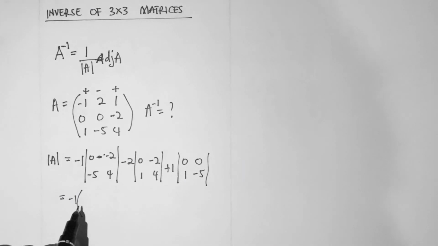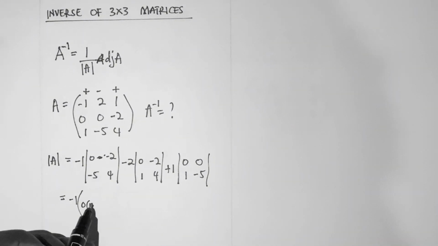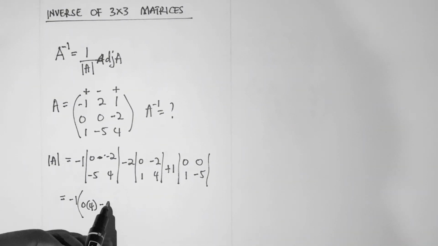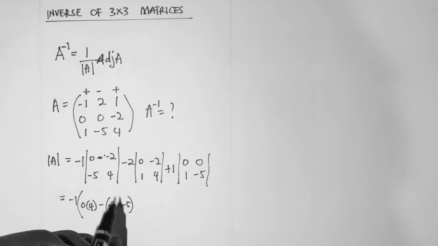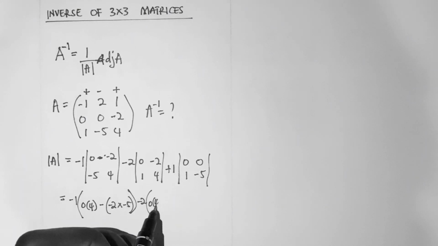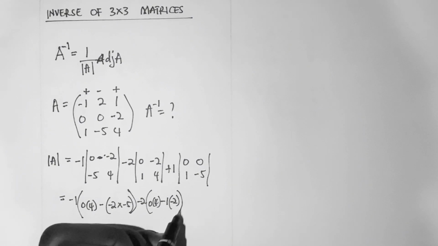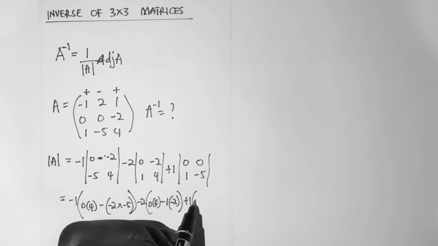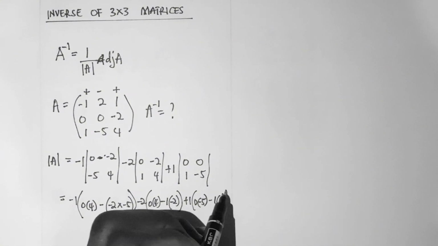So this is equal to minus 1. Then let's find the determinant of this 2 by 2 matrix. So it will be 0 times 4, then minus, into bracket, minus 2 times minus 5, bracket close, then minus 2, into bracket, 0 times 4 then minus 1 times minus 2, then plus 1, into bracket, 0 times minus 5 minus 1 times 0.